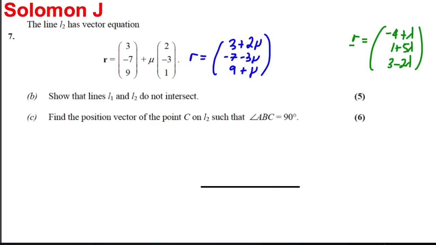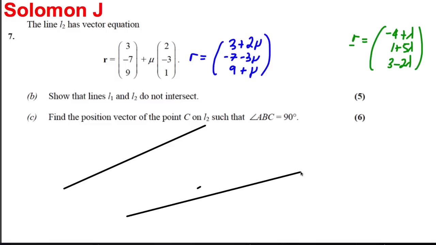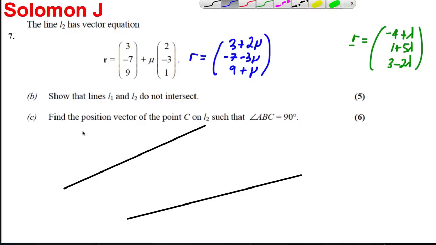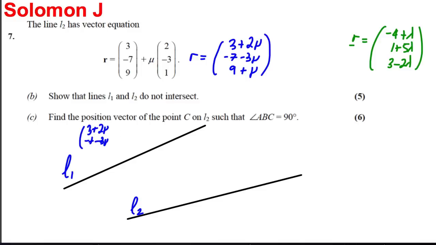We know the lines don't intersect, and we know they are the two equations of the line. So I've got one line here, and I've got another line, let's say here. They don't have a point where they both meet. The first one is L1, and this one's L2.